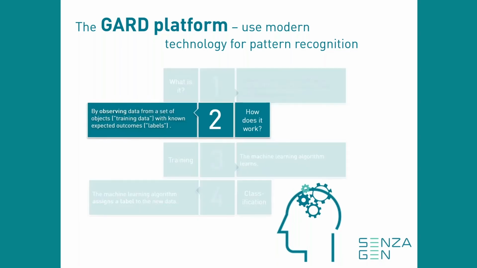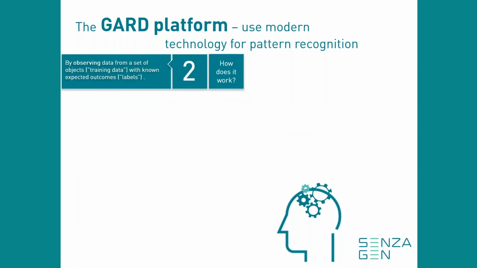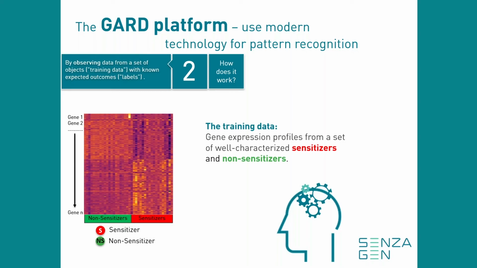What we need is that the machine learns by observing a data set of objects with known expected outcomes, which are, of course, the labels. This is exactly what we have in our training data, because there we have the gene expression profiles from well-characterized sensitizers and non-sensitizers. The labels here refer to the sensitizer and non-sensitizer labels.